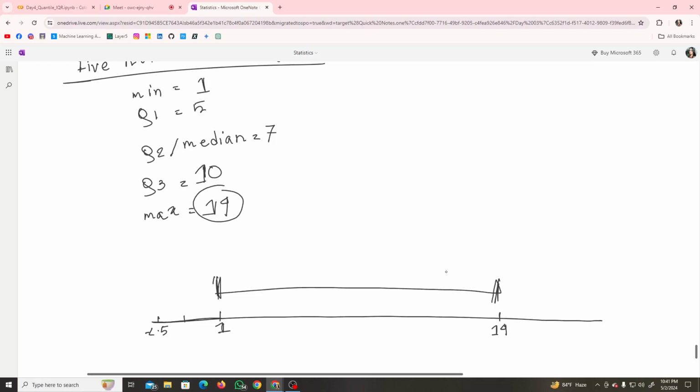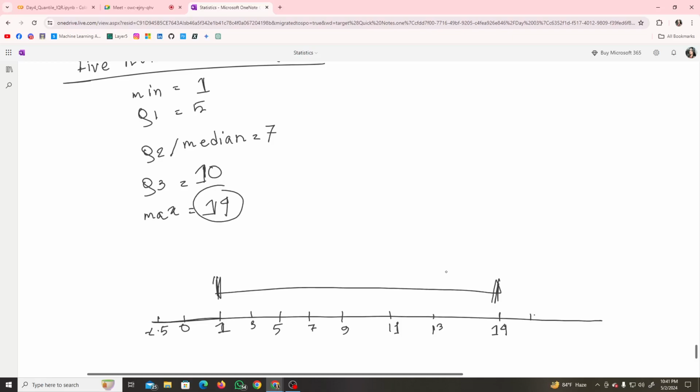So let's say minus 2.5, then we have 0, then let's say 3, 5, 7, 9, 11, 13. It's uneven, but I think you get my point. This is the number line.